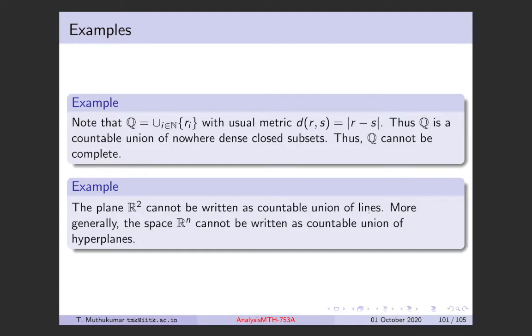So if one can write R2 as a countable union of lines, then it contradicts the fact, by the Baire category theorem, that R2 is complete. Now the same argument is valid for actually any Rn.